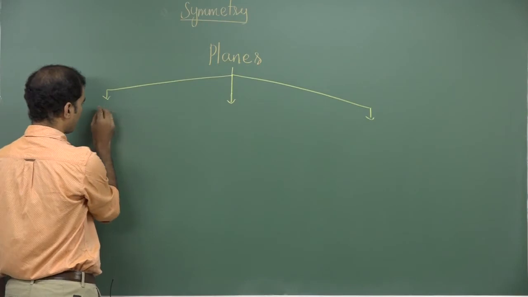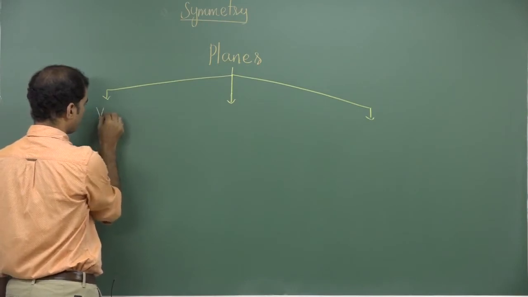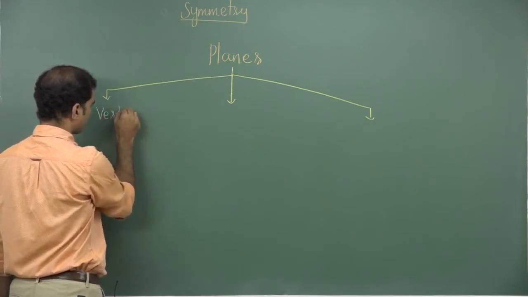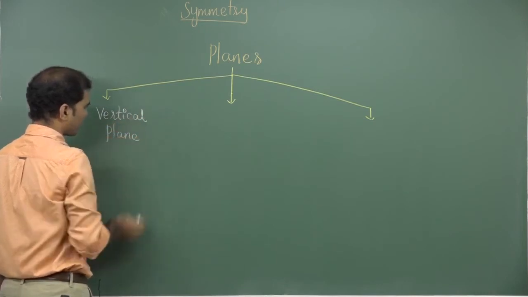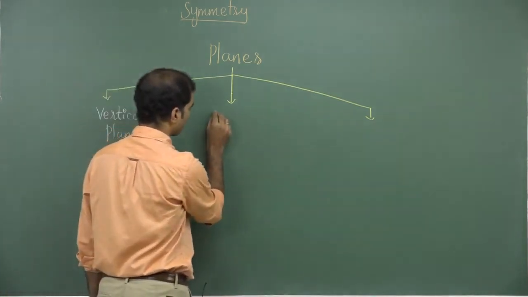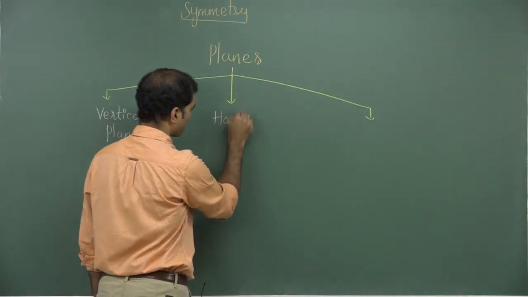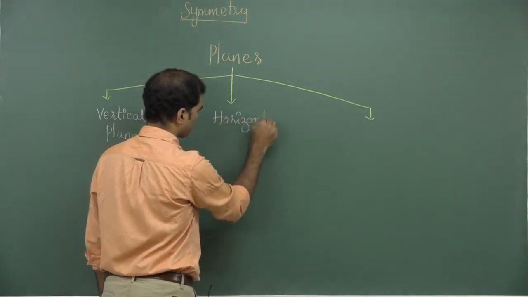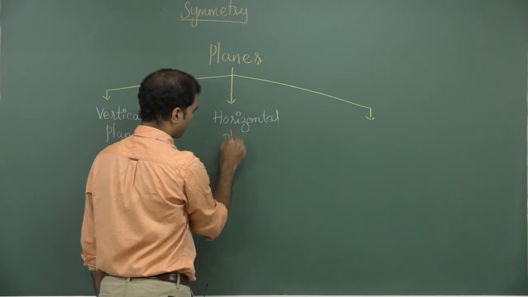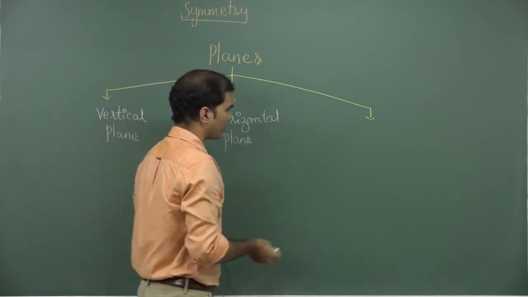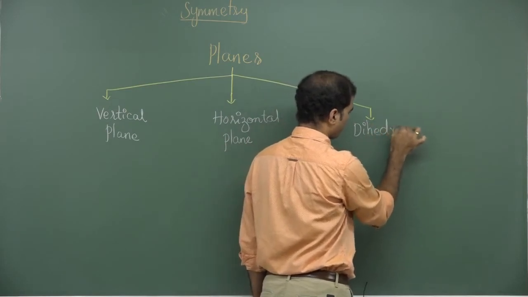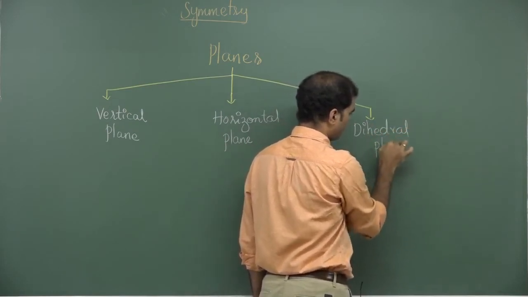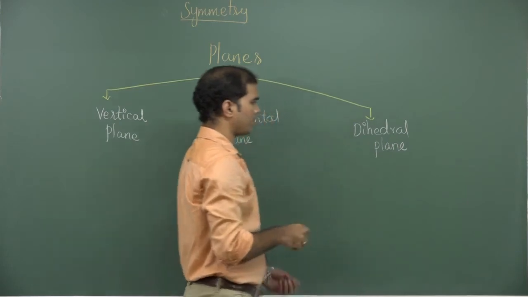We have three different planes. The first one is called a vertical plane, the second a horizontal plane, and the third one is a dihedral plane.